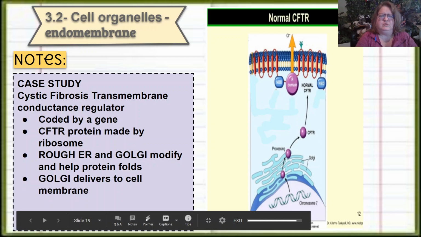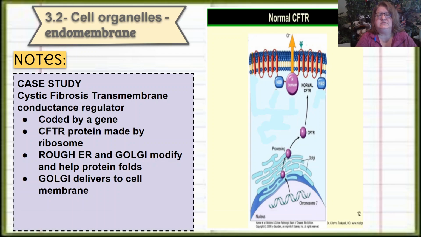This is the normal protein that's found on the membrane in your lung cell, and it's got a long name. It's called the cystic fibrosis transmembrane conductance regulator. Here it is in the membrane, and you're going to see that it's labeled CFTR, definitely less of a mouthful.